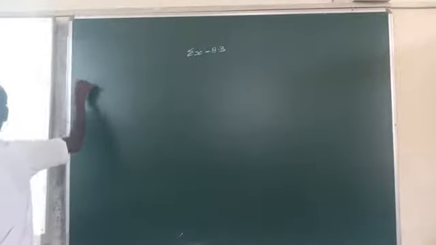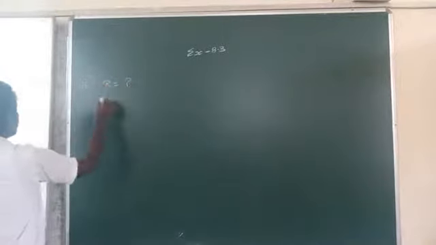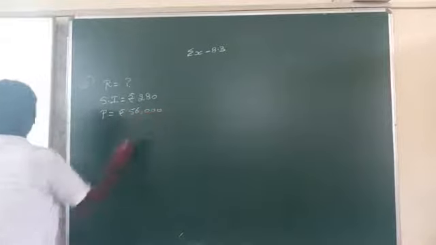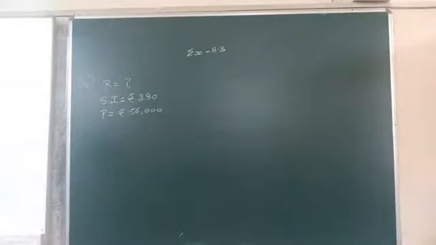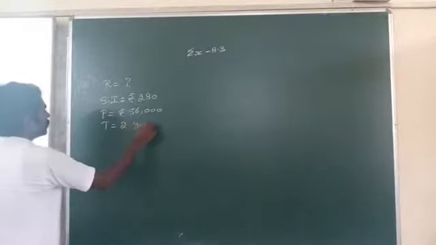Simple interest is given, rupees 280, and then we need one more thing. What is that? Interest on a sum of rupees 56,000 in 2 years. That principal amount is also given, 56,000, and the time period is 2 years.